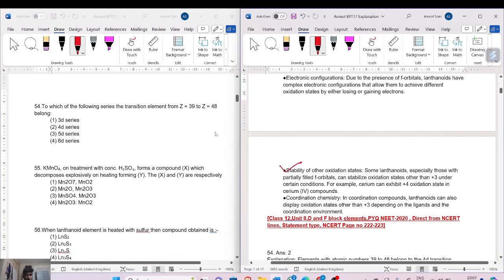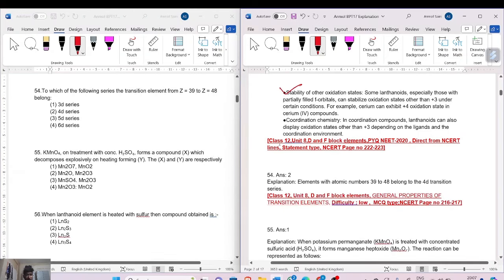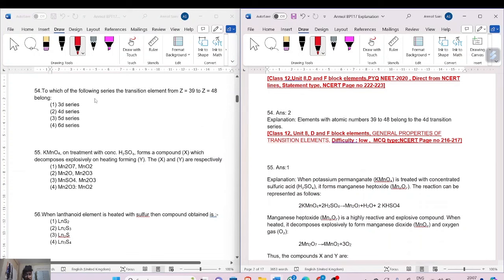Let's come to question number 54, which is very easy. It asks to which series the transition elements Z = 39 to Z = 48 belong.